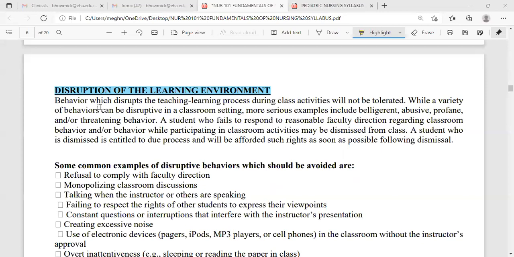While a variety of behaviors can disrupt a classroom setting, more serious examples include abusive or any kind of threatening behavior. A student who fails to respond to reasonable faculty direction regarding classroom behavior while participating in classroom activity may be dismissed from the class.